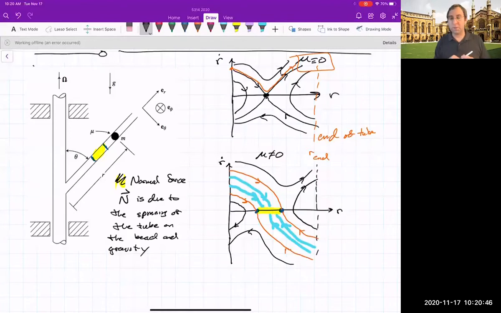And right, this mu would be related to how the interaction between the bead and the inside walls of the tube.